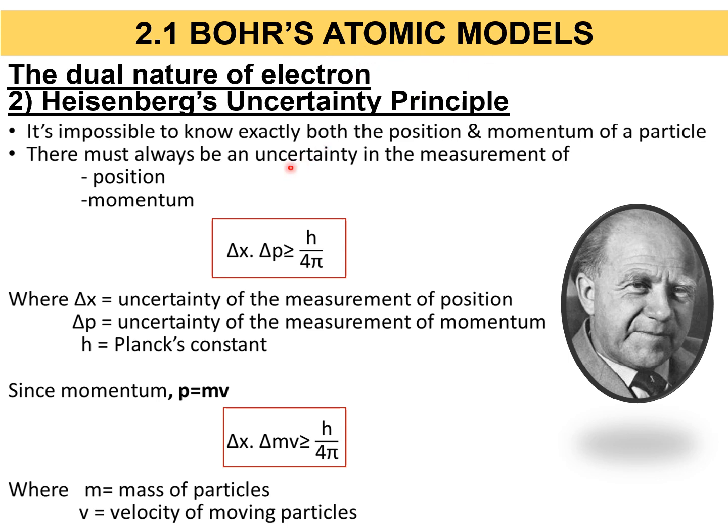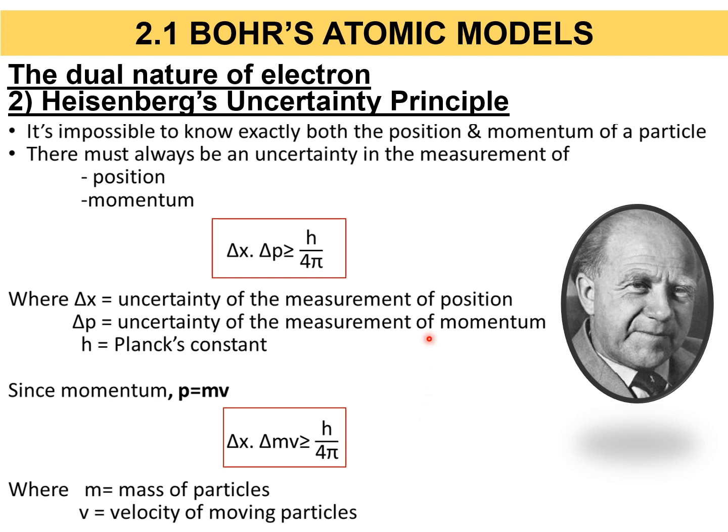Okay, so, Heisenberg ni dia keluarkan dua formula di mana kita akan dapat position dan juga momentum of electron. Okay. Also dapat tahu speed ataupun velocity of the moving particles of the electron.